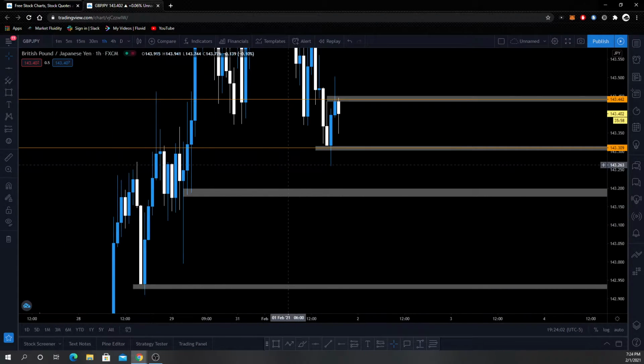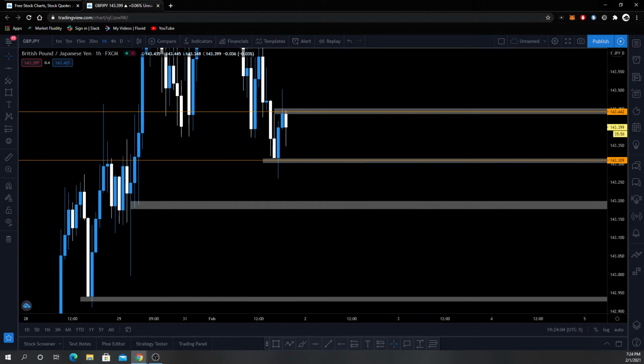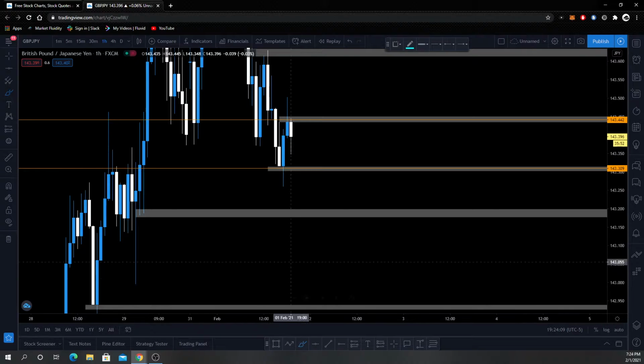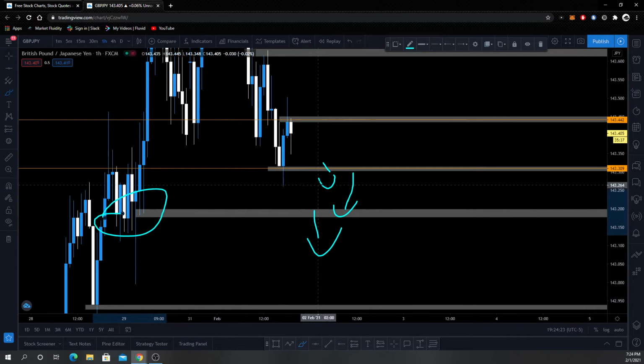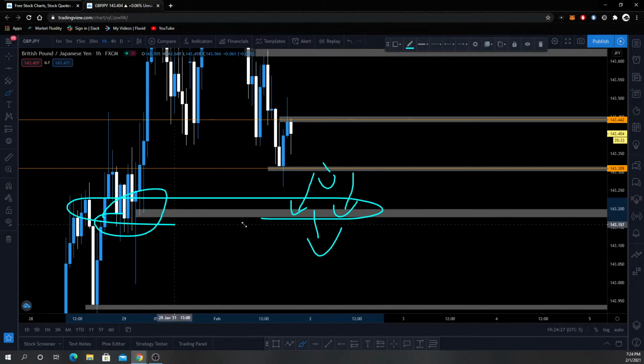Possibly what price could do is fall down and continue down here, but we only have these rejections, so that's going to be very demanding. What could possibly happen is that price would fall down, and since there's a strong support down here, price would reject.